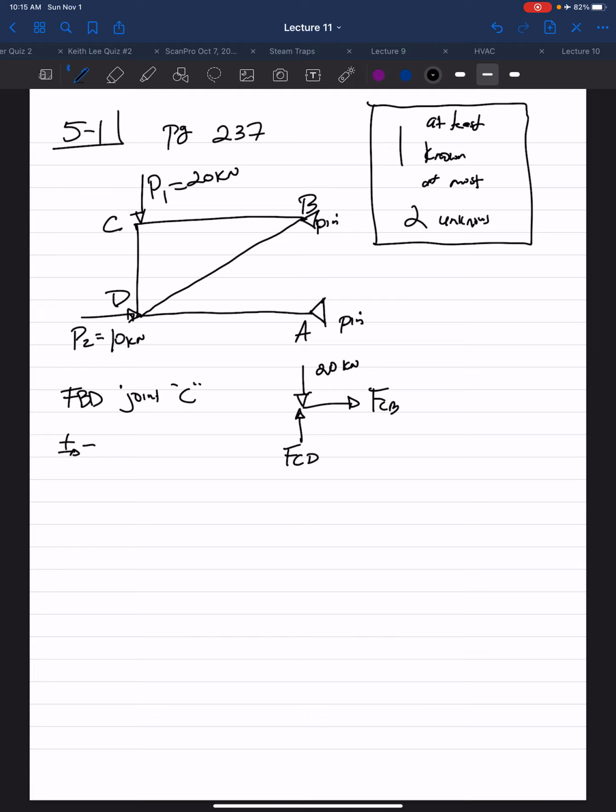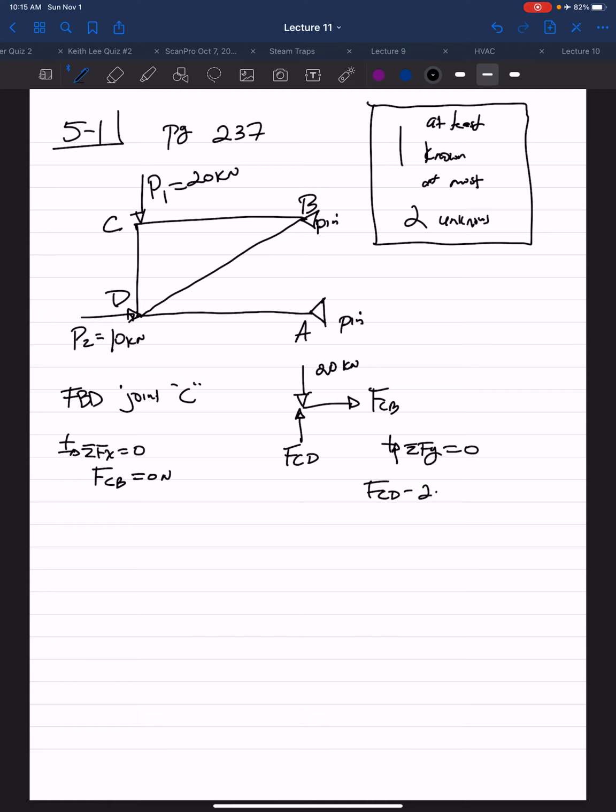So if I take the sum of my forces in the X direction, we have FCB equals 0 newtons. In the Y direction, I have FCD minus 20 newtons.